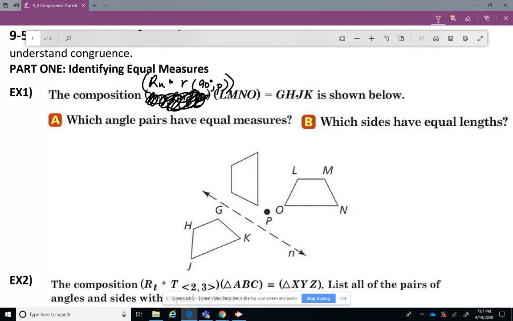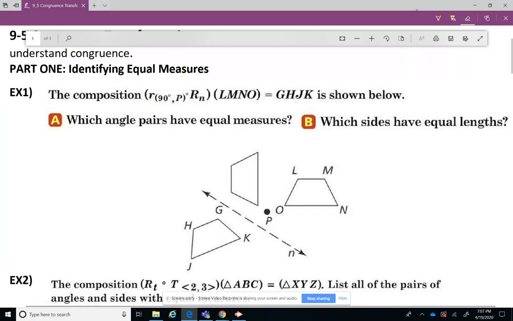First of all, we can tell that LMNO rotated here, and then the reflection was right here across. So that's the rotation and the reflection. All you have to do now is just match up the angle pairs. Which angle pairs have equal measures?